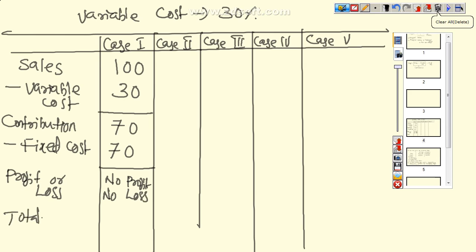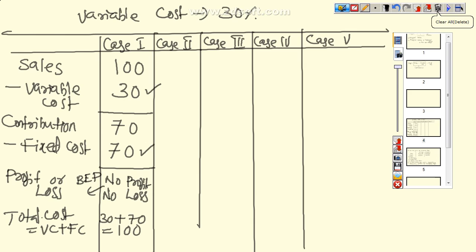Total cost is equal to variable cost plus fixed cost. Case 1, 30 variable cost and 70 fixed cost, that is 30 plus 70 is equal to 100. So this point we term as break even point, where no profit, no loss, total sale is equal to total cost.